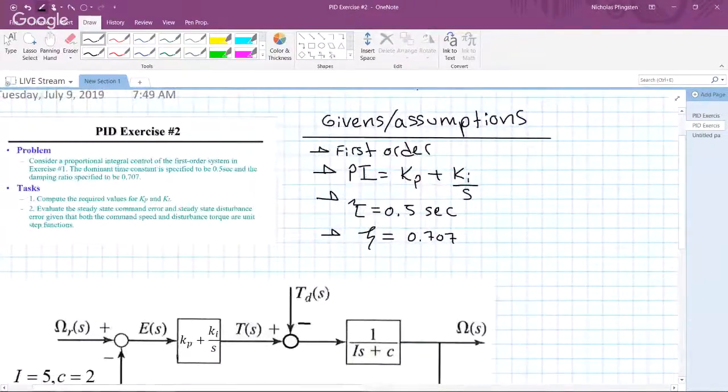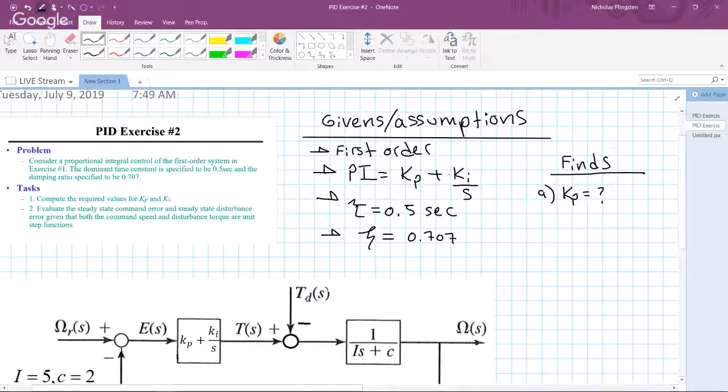Now the task, the finds, the things we're looking for. It says compute the required values for Kp and Ki. Okay, so A just wants K sub P equals question mark, and it wants K sub I equal question mark.